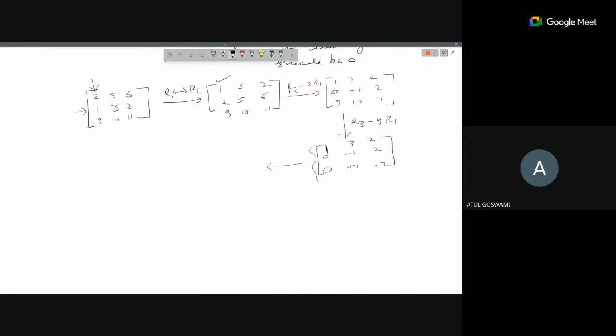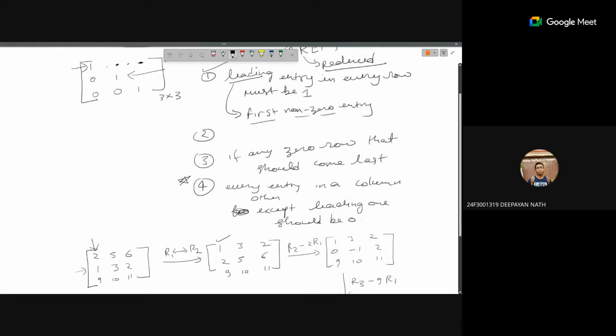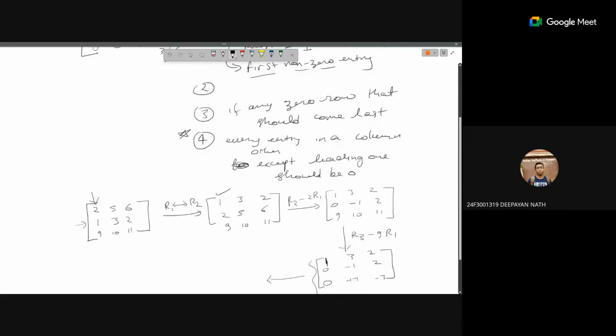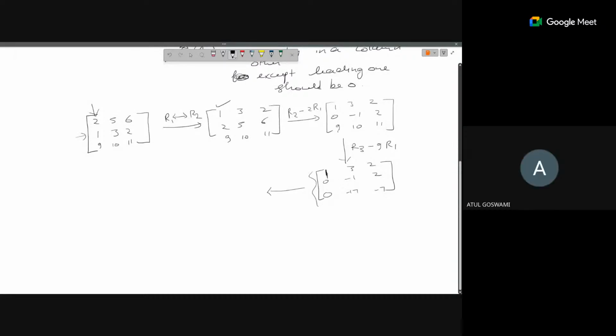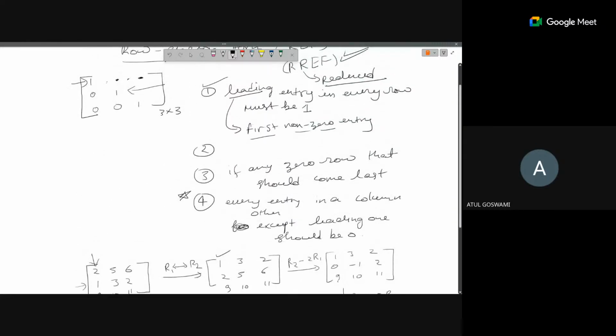To satisfy the conditions that I wrote above. Sir, we have to bring one and then two zeros in the first column of the 3 by 3 matrix. That is okay, but don't just try to learn these things, that one and then two zeros. We are satisfying these conditions basically.